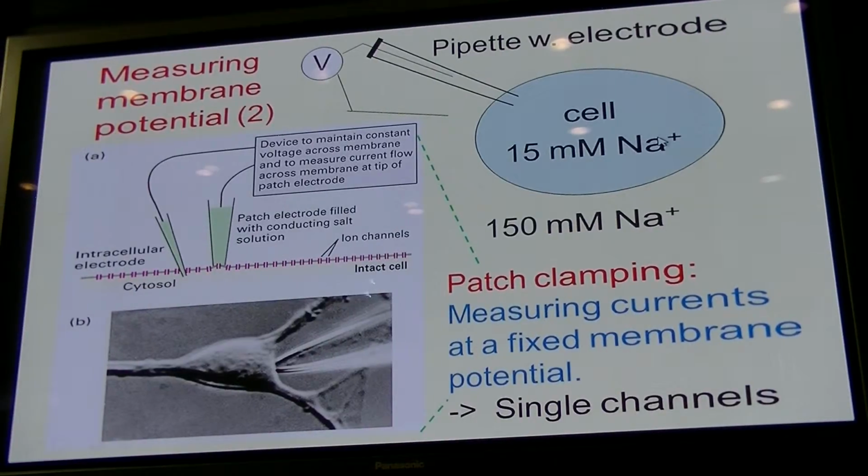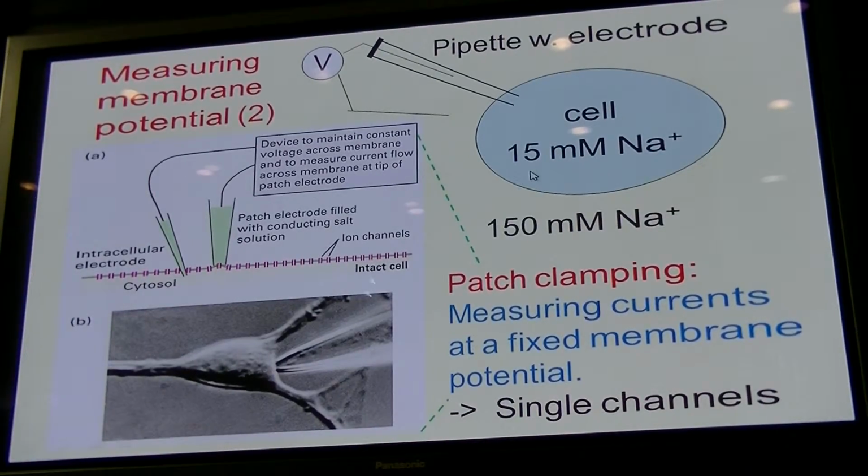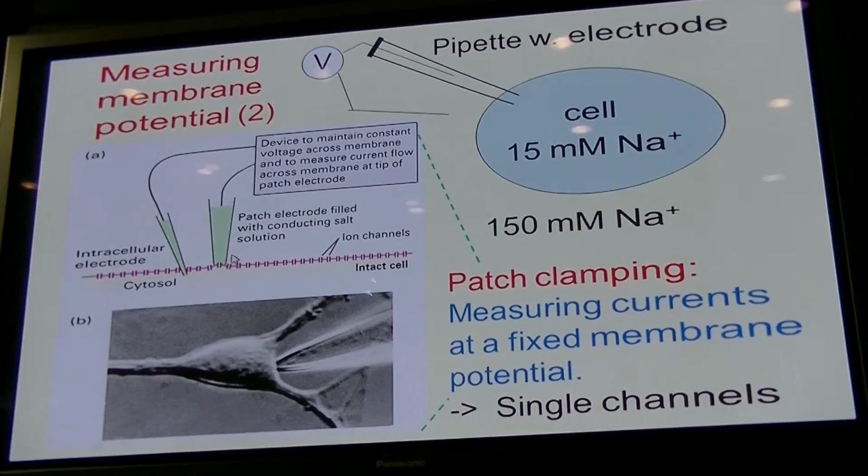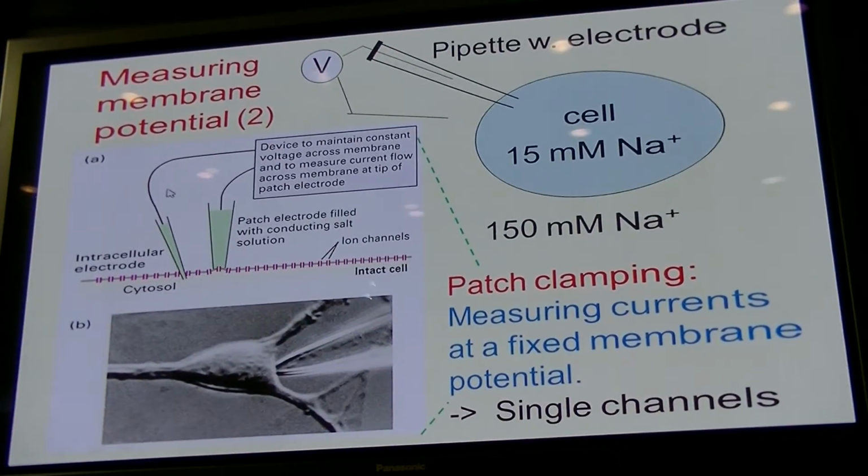Now we're measuring the voltage difference between inside and outside the cell, this setup that I'm drawing here. But you can change this slightly, and if you put this pipette right at the surface of the cell, and you apply an ever so slight vacuum, you suck off an individual section of the membrane, or you actually keep the pipette on the top of the membrane. That's depicted here in this little diagram.